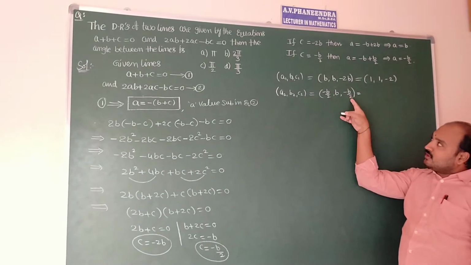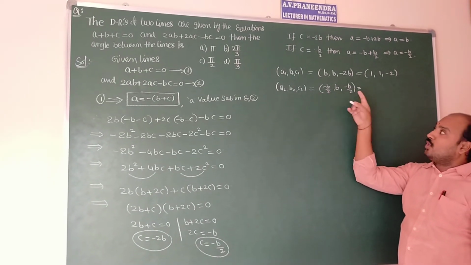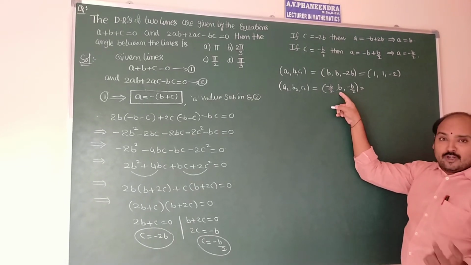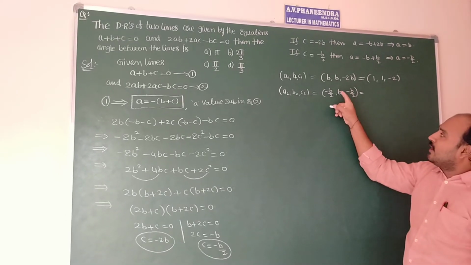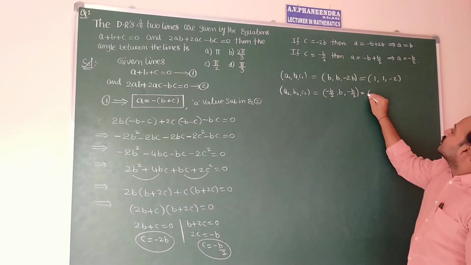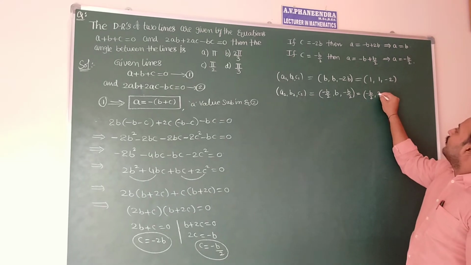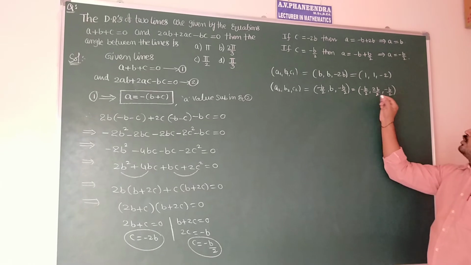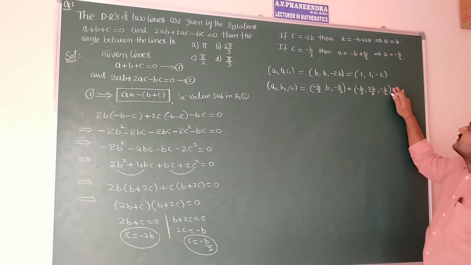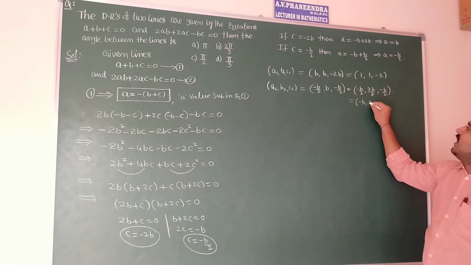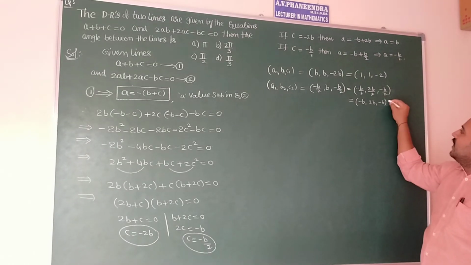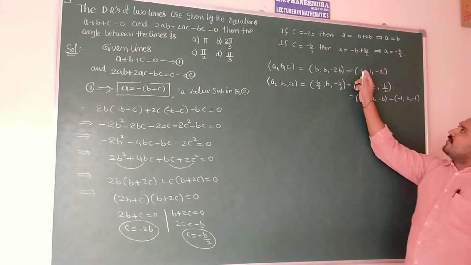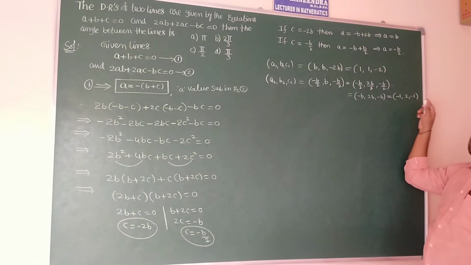In the first and third coordinates we have denominator 2, so make the second coordinate also have denominator 2, multiplying and dividing by 2 for the middle one. So it becomes minus b by 2, 2b by 2, minus b by 2. The denominator 2 gets cancelled, giving minus b, 2b, minus b. Dividing by b, it becomes minus 1, 2, minus 1. These are the values of a1, b1, c1, a2, b2, c2.